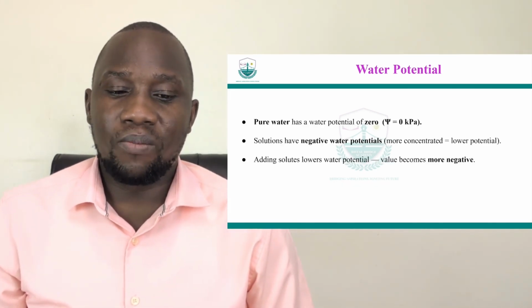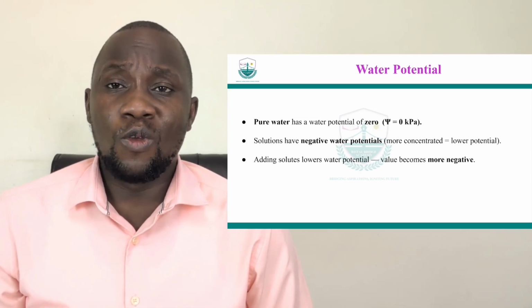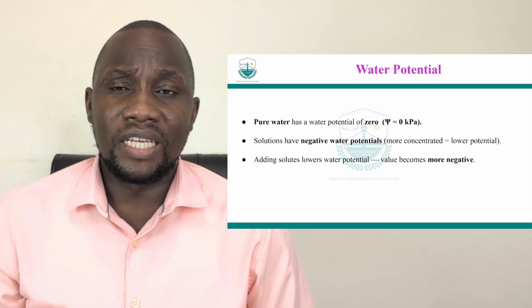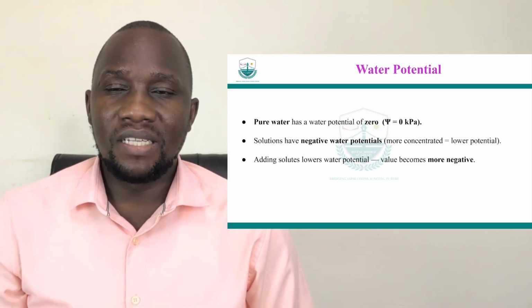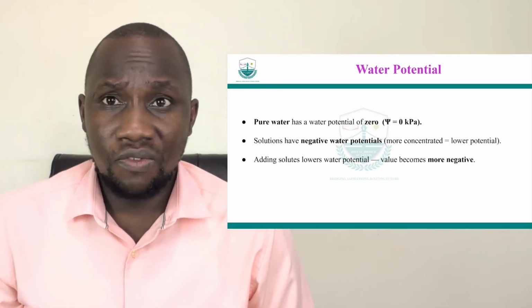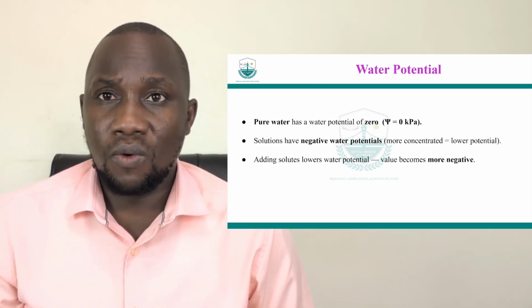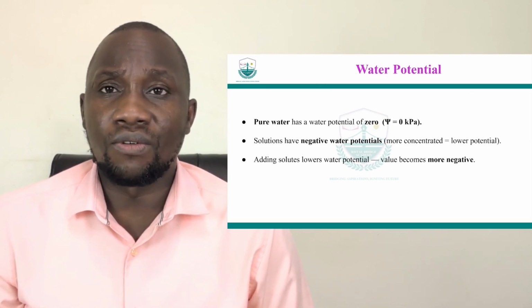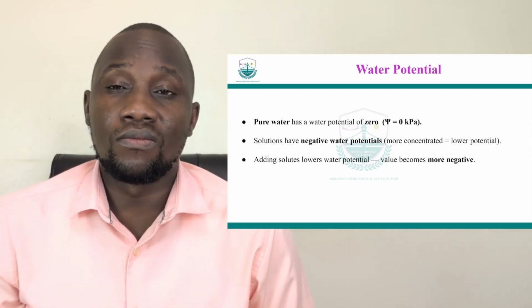Now, for you to understand the dynamics of water potential, just know that pure water, that means water which does not have any solute, no dissolved minerals, nothing there, has a water potential of 0. That means that the water molecules are not about to move.